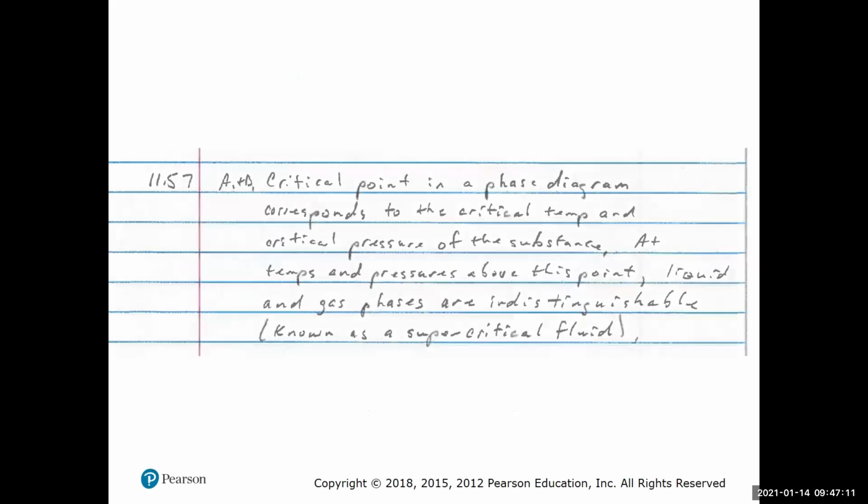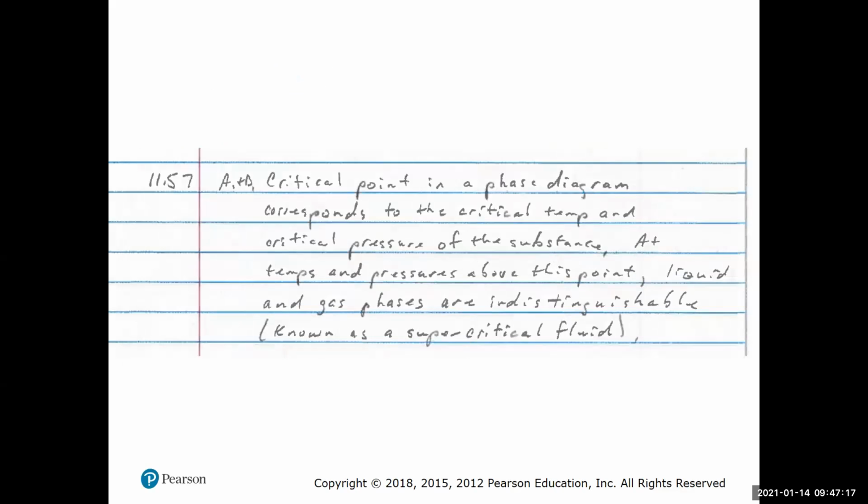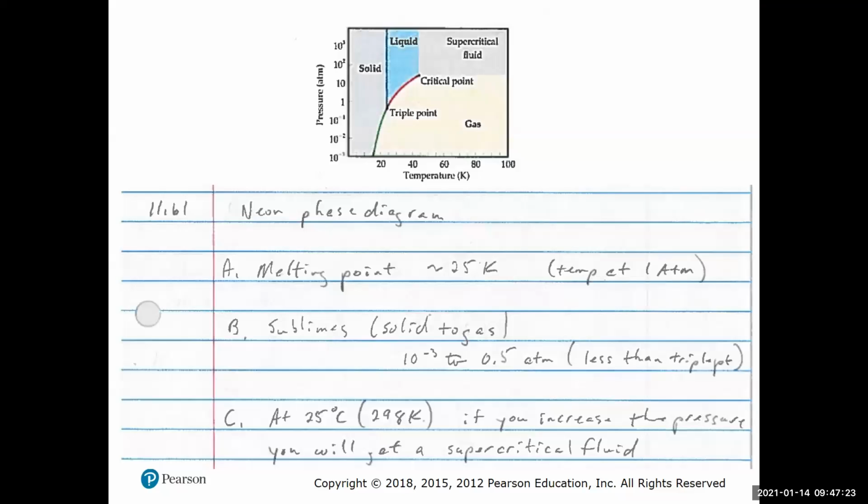Okay, so there are a few homework problems. What I'd like to do is look at this phase diagram, and then we'll end for today. So this is the phase diagram for neon up here. The first question is, what's the melting point, approximately?